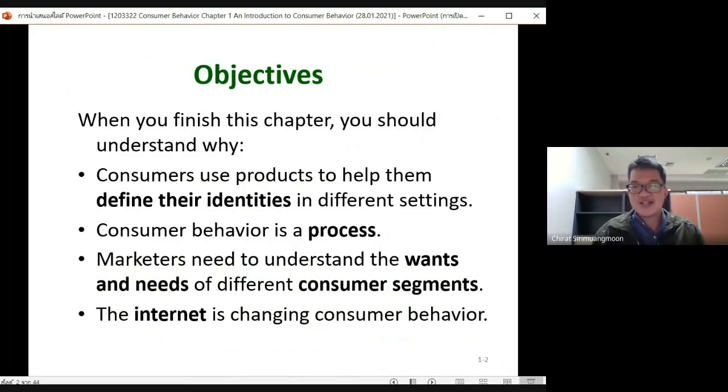Then the internet changes our behavior. That's very clear and true, because like this time with COVID-19, the internet helped us a lot. The world will be changed forever.